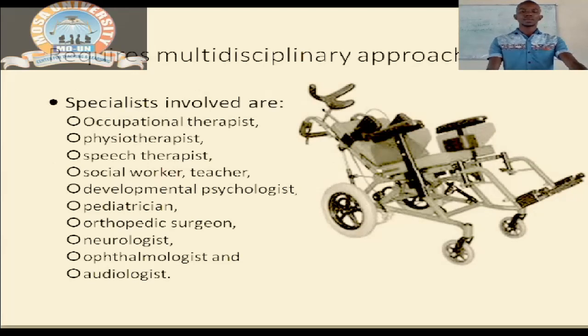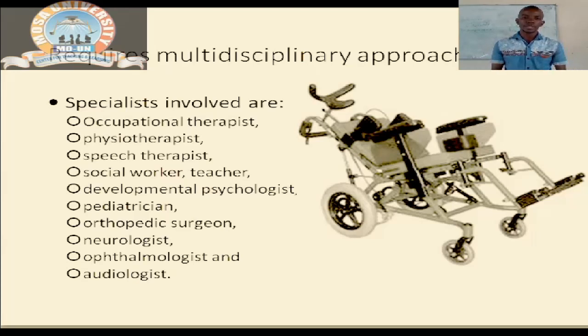All in all, management of cerebral palsy is supposed to be a multidisciplinary approach. Specialists involved include occupational therapists, physiotherapists, speech therapists, social workers or teachers, developmental psychologists, pediatricians, orthopedic surgeons, neurologists, ophthalmologists, and audiologists.